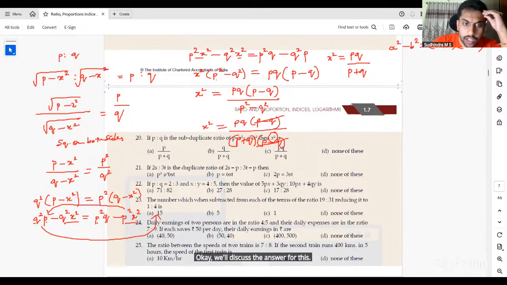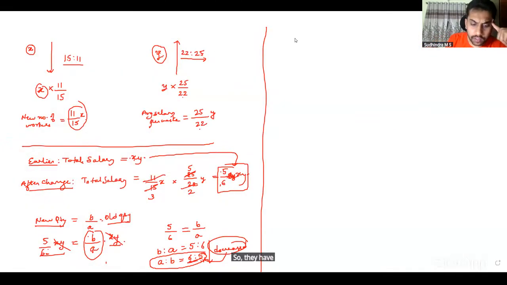What have they given us? If 2s is to 3t is the duplicate ratio of 2s minus p is to 3t minus p, then which relationship holds good? So they have told us 2s is to 3t is the duplicate ratio.